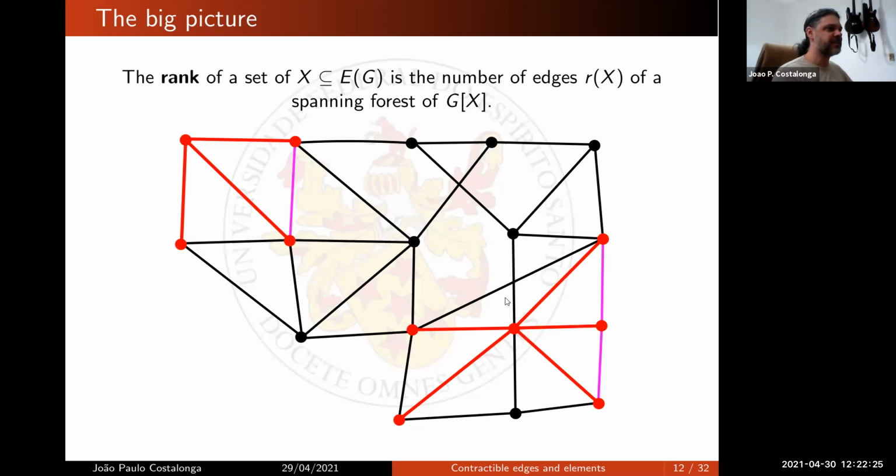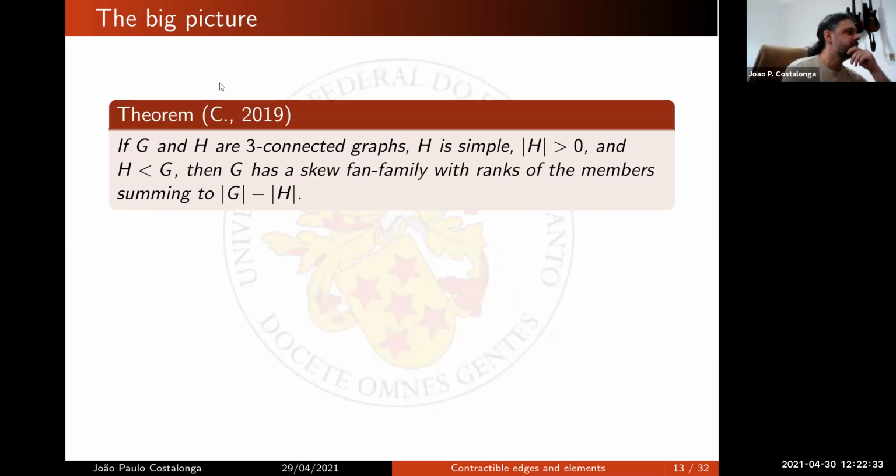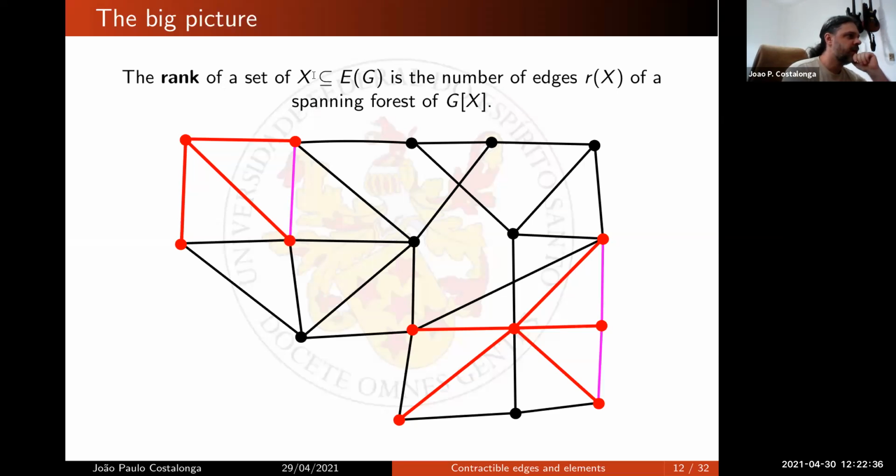And the last definition, hope you still have some RAM memory to register this all, is the idea of rank. We have a set of edges. The rank of a set of edges is the size of a spanning forest for the graph induced by these edges.